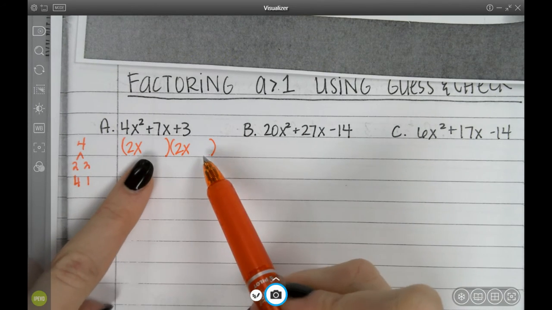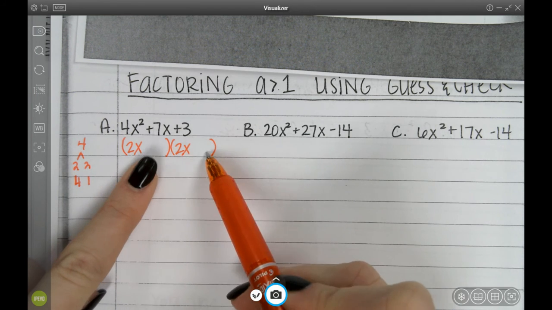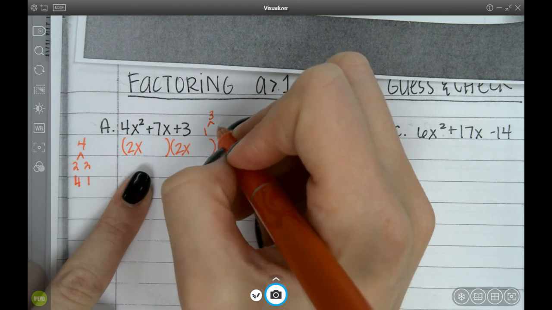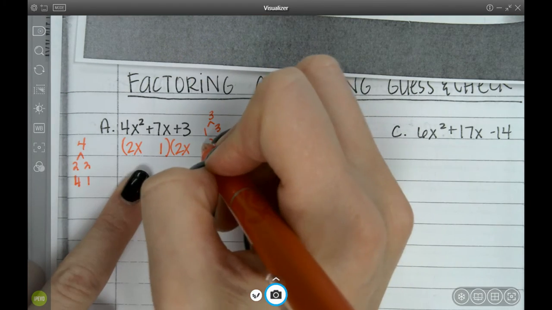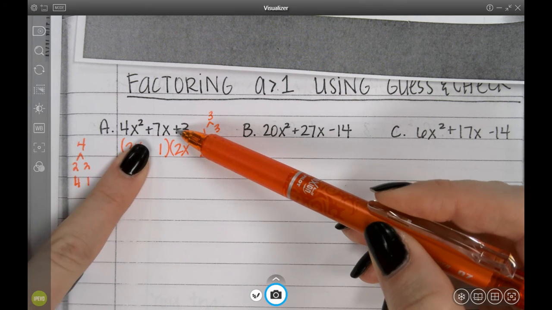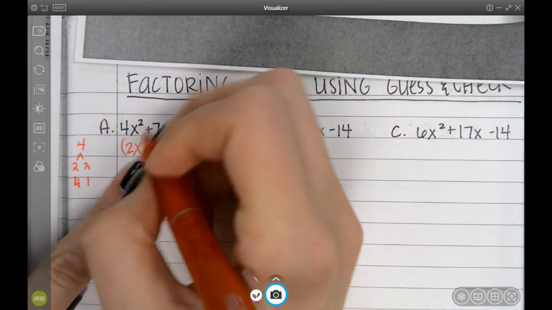My last two things that I multiply need to multiply to give me 3. So what are my factors of 3? 3 and 1 or 1 and 3. Okay, starting off with this one, because both of these signs are plus, which means both of these signs are going to be plus.